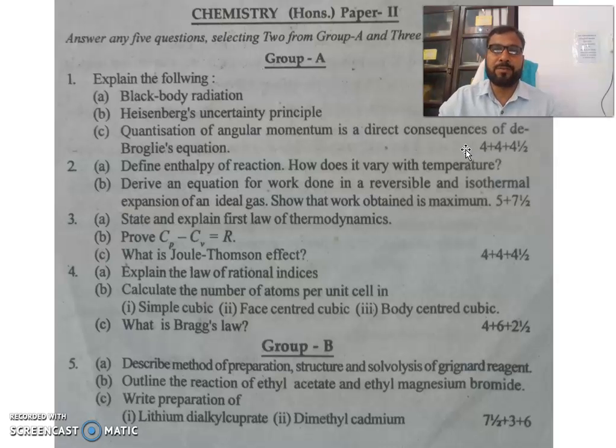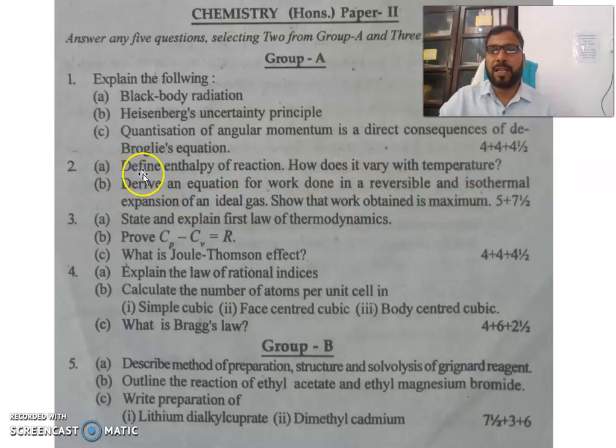Now we have the second question: define enthalpy of reaction and how does it vary with temperature. Derive an equation for work done in a reversible and isothermal expansion of an ideal gas. Show that work obtained is maximum. So again you have 2 options, A and B. You have to write both parts if you are choosing question 2.